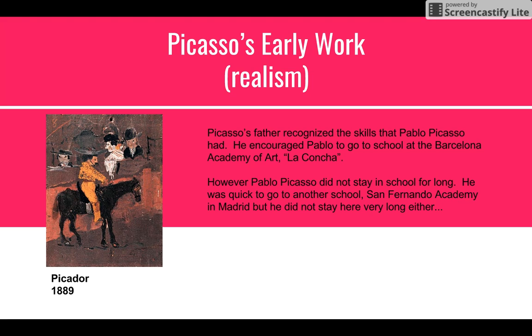Pablo went to Barcelona Academy of Art, La Llotja, and he didn't last all that long there. He actually went to another university, San Fernando Academy in Madrid, but he never actually graduated from any schooling.